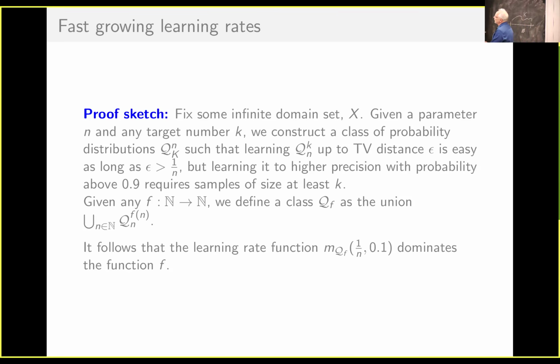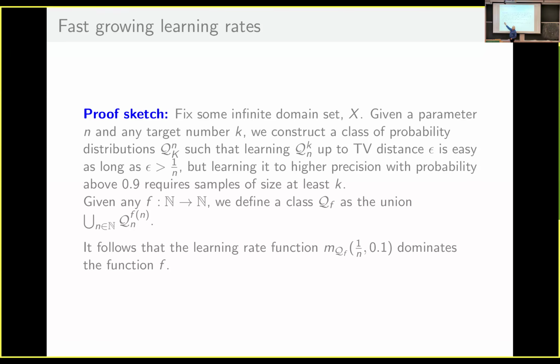So by playing with these two parameters, we can have classes such that if you want to learn them to approximation 1 over n, you need k many samples. And since I can play with these two independently, I can start with any function in n to the n and look at the class that says that for approximation 1 over n, I will need f of n many samples.